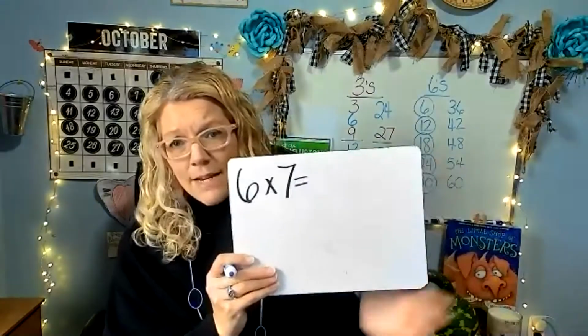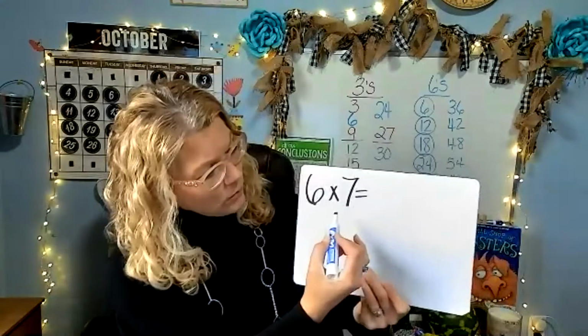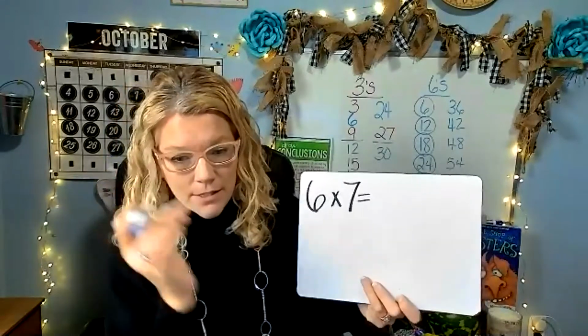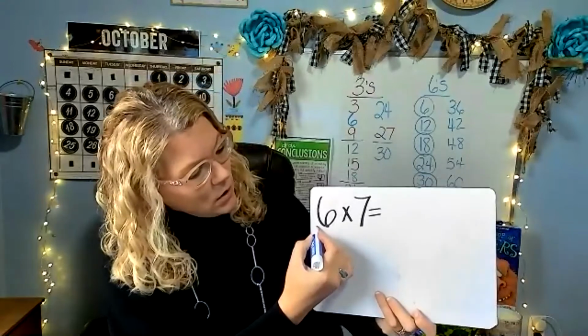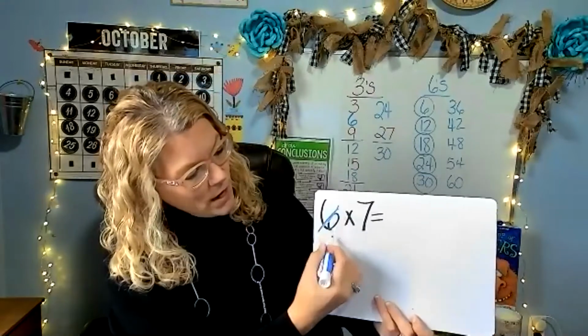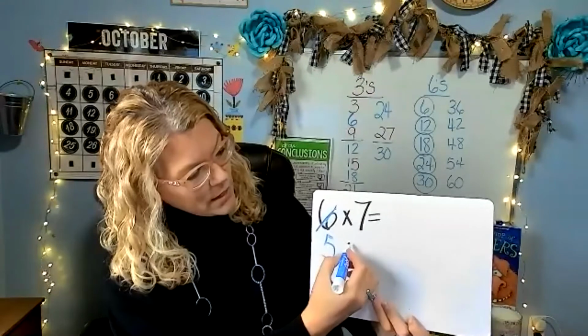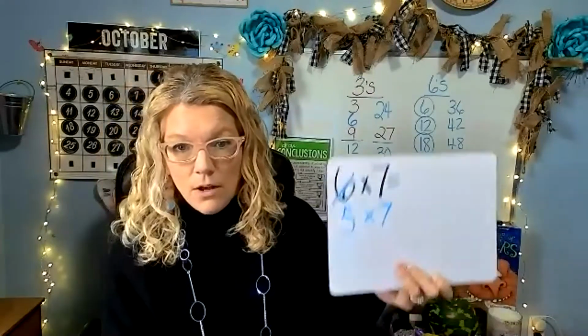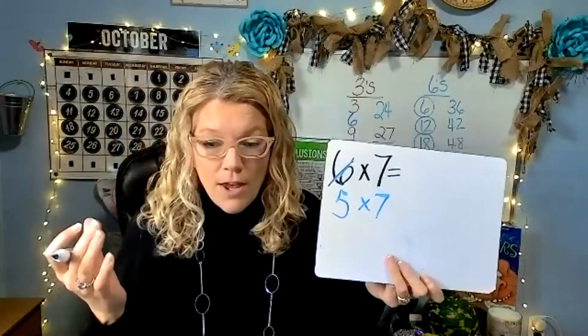So if I had 6 times 7, for example, if I don't know 6 times 7, when we're talking about 6s next, I can take 1 off of here and make it into a 5 and say 5 7s instead of 6 7s because I know my 5s. I can count by 5s, 7 fingers: 5, 10, 15, 20, 25, 30, 35.